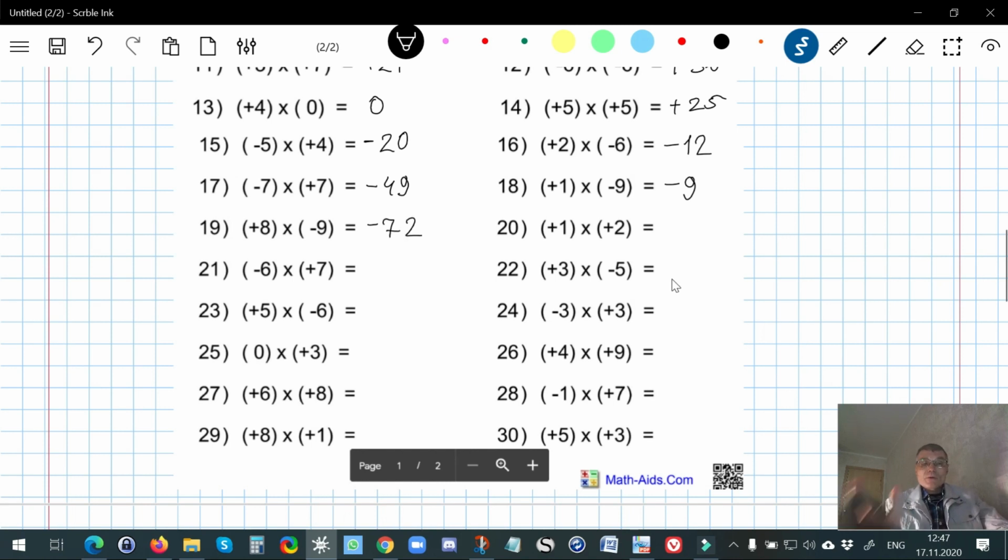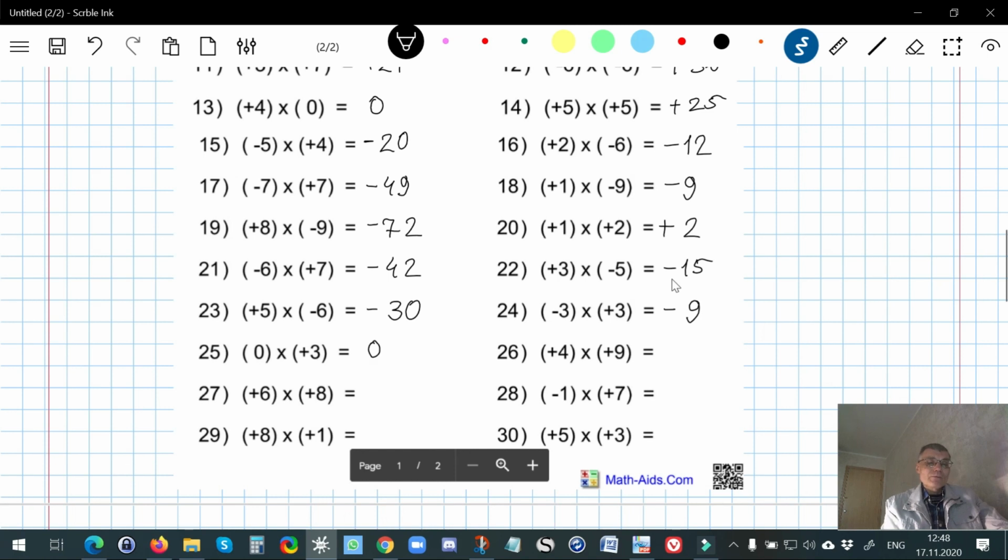Here both signs are positive, so we have a positive sign, it's positive 2. Negative, positive, negative, 42. Positive, negative, negative, 15. Positive, negative, negative, 30. Negative, positive, negative, 9. 0.